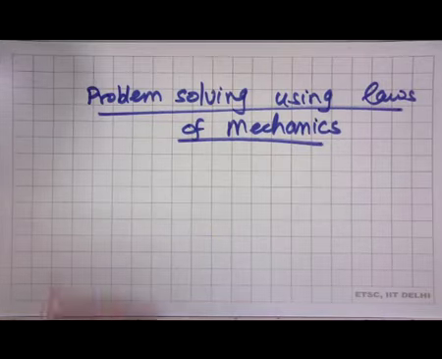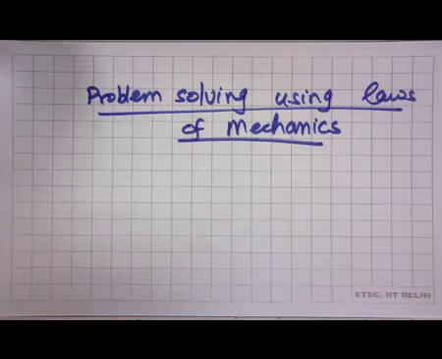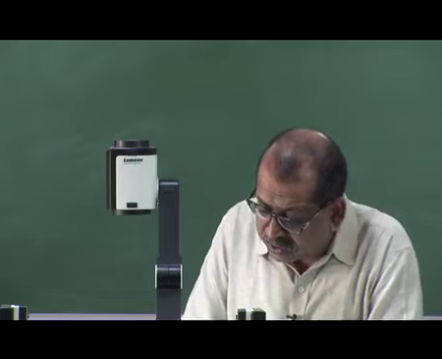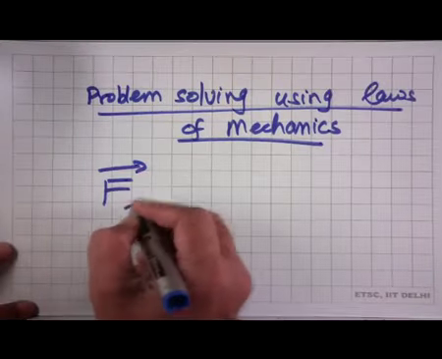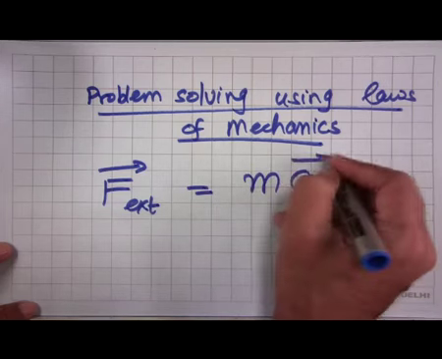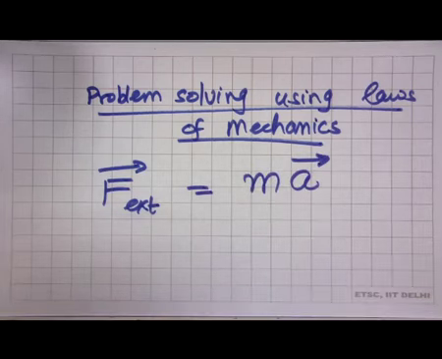We will be using Newton's second law as the governing principle, and that is sum of the external forces on the particle will be equal to its mass times acceleration.